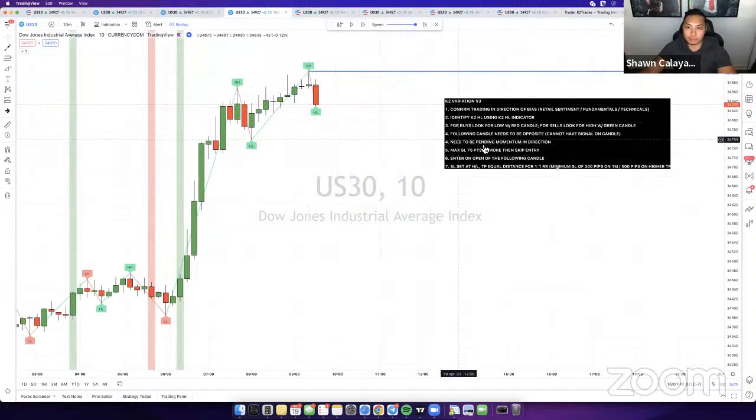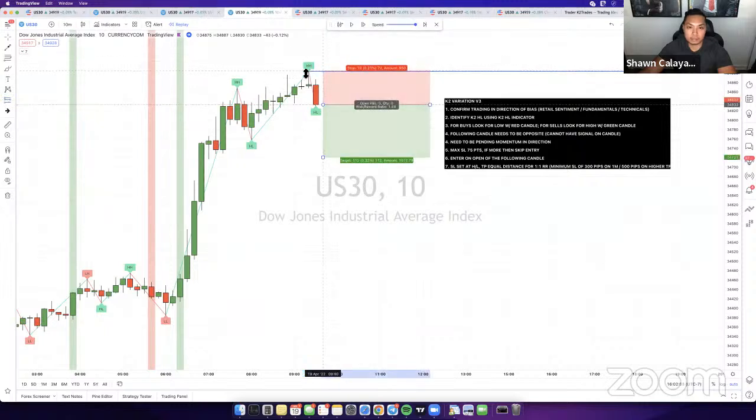Once we have that met, we just want to confirm that there's a pending momentum in the direction. So for example, right here we have a buy signal. The next signal is going to be a sell signal. So with that said, you'll enter this for a sell.